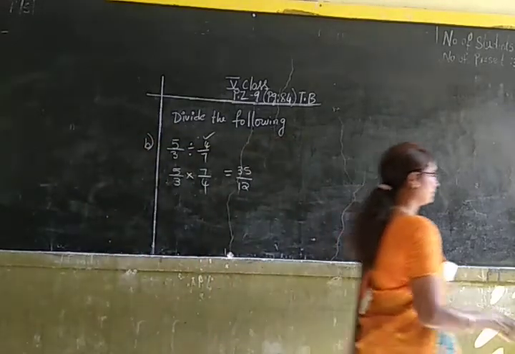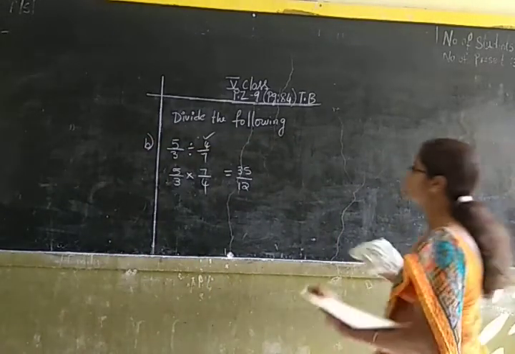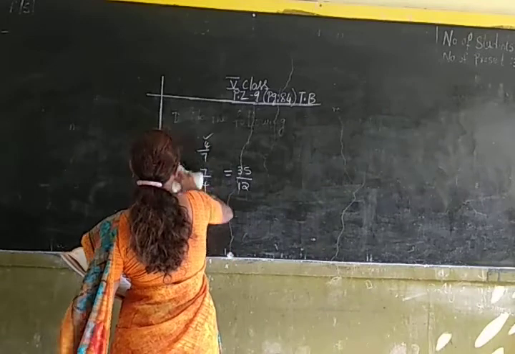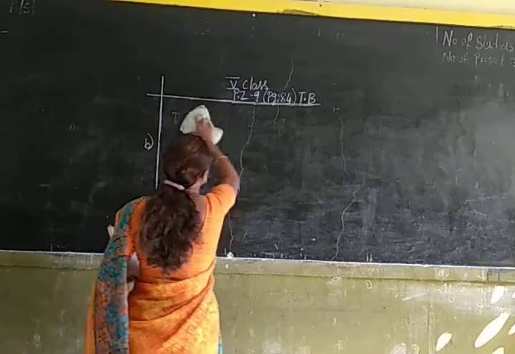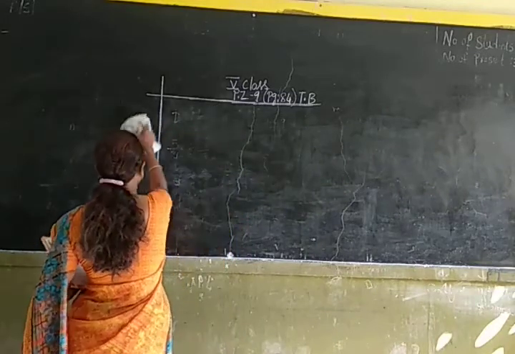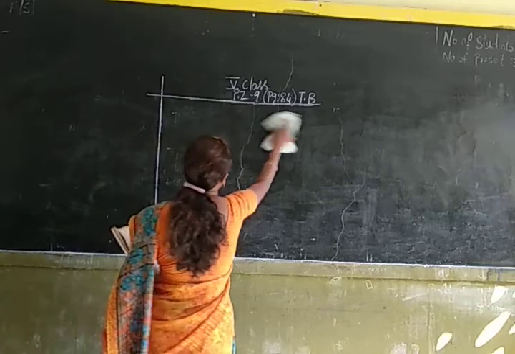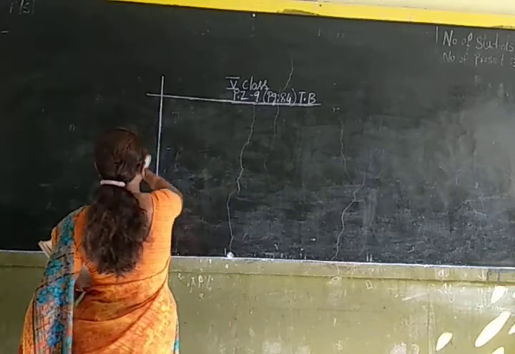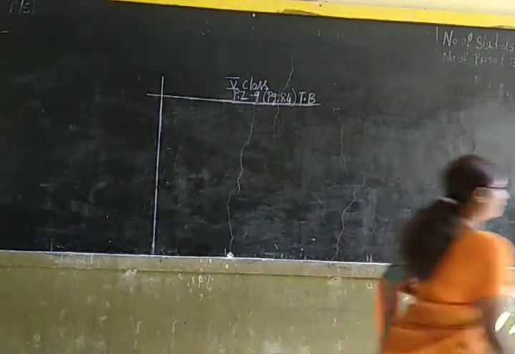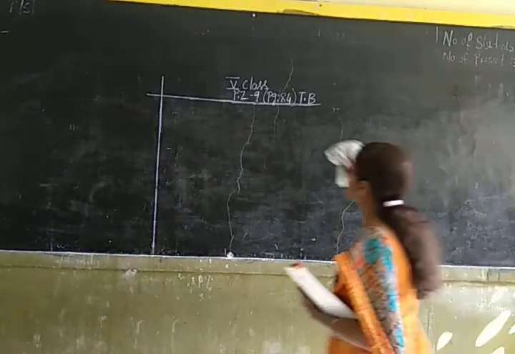Okay children. Now let us do the next one, which is the practice zone 10. So did you understand children? This is the way of dividing a fraction with a fraction.